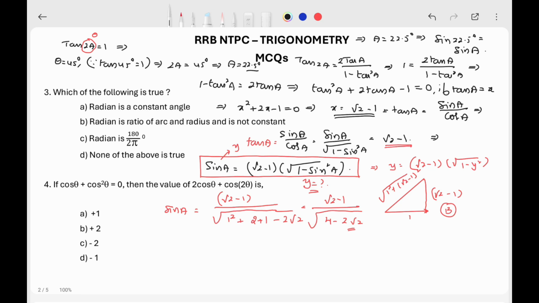Now, third question. You may find these questions tedious, but try to do them. Once you do these 8 questions on your own, you will be able to do almost all the questions in trigonometry being asked in the RRB NTPC examination.